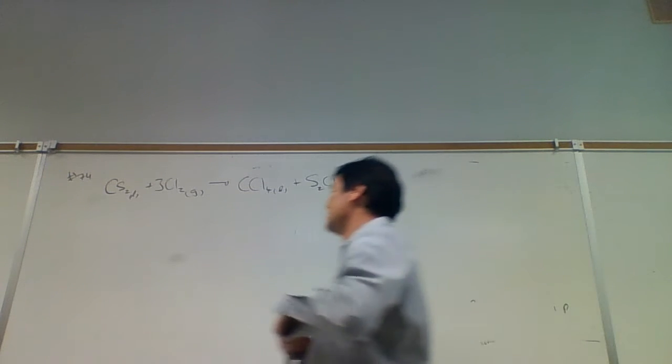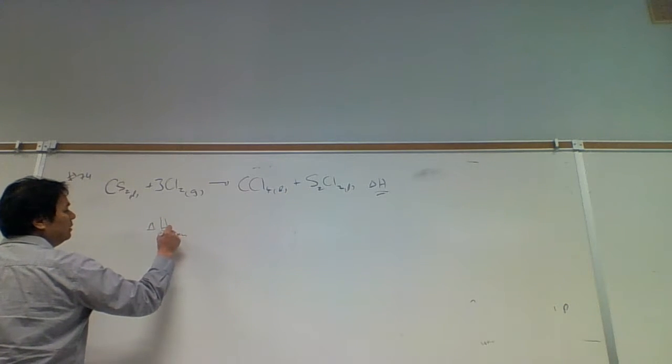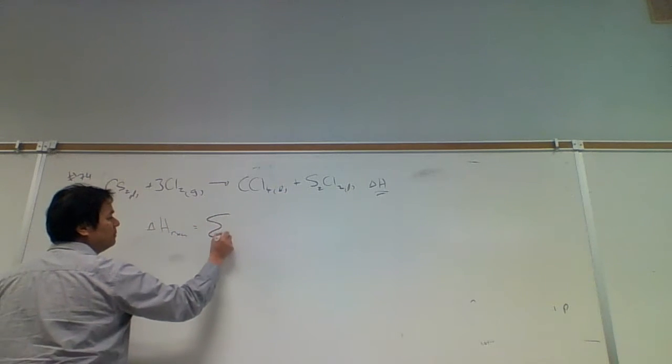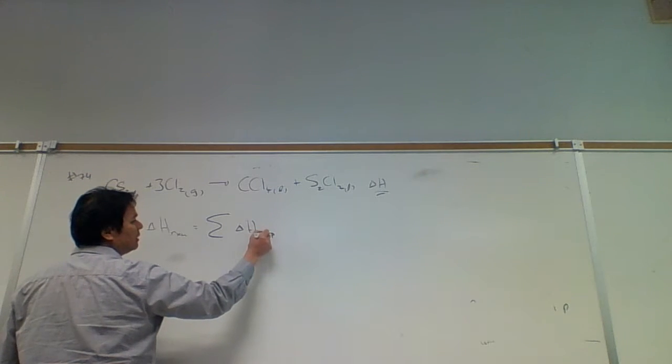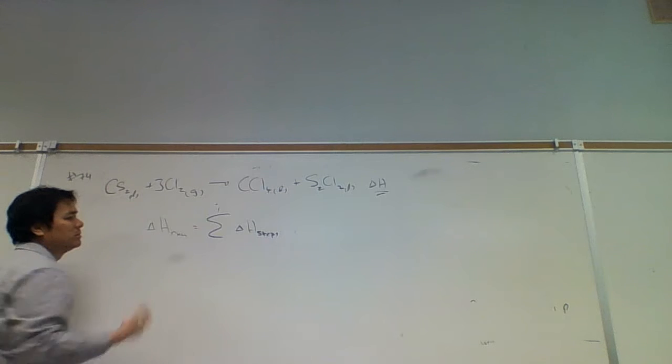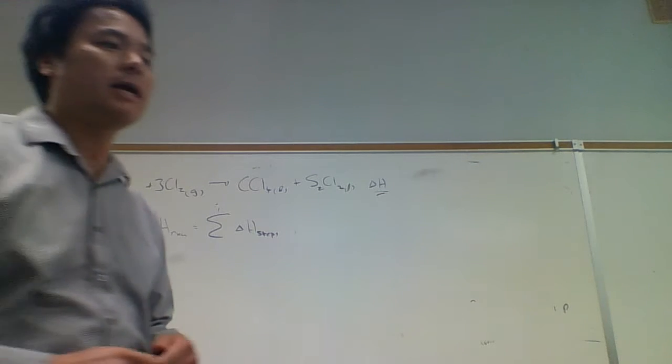Because what Hess's law says is this: delta H for the reaction is equal to the sum of the delta H's for the individual steps, and I can add up a whole bunch of steps. Now, there is a way to add these up, but I don't want to add them up using an enthalpy diagram because that would be way too much of a pain.